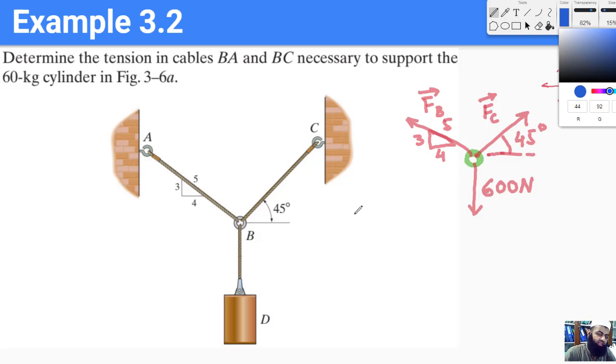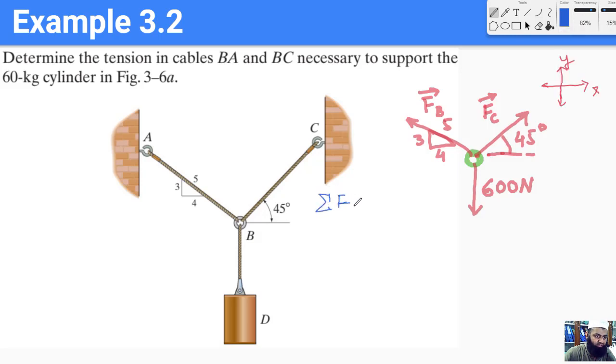Okay, so the next step is to apply the equations of equilibrium. The first equation is that the sum of all the forces in x equals 0. So how many forces do we have in x? We have an x component of the force Fc, and we have an x component of the force Fb. So Fc times cos of 45, this is the x component of the force Fc. Again, because I am not putting an arrow here, this means that this is a magnitude.